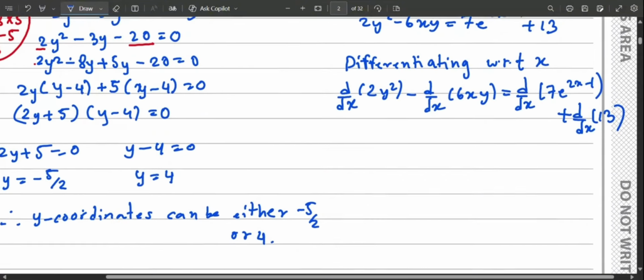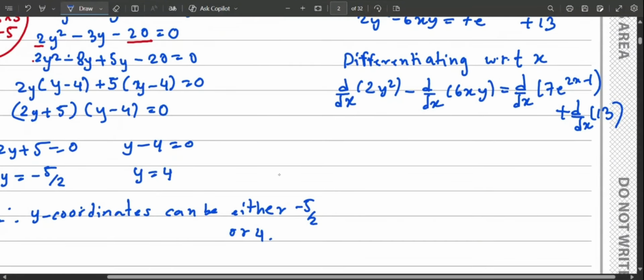Now if we simplify from this, we can write that d dx of 2y square will be equal to 2 into 2 into y. The reason why we could differentiate like this is because we are assuming that y is a function of x.